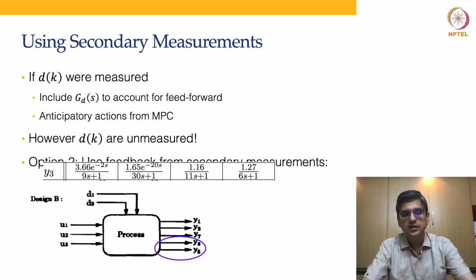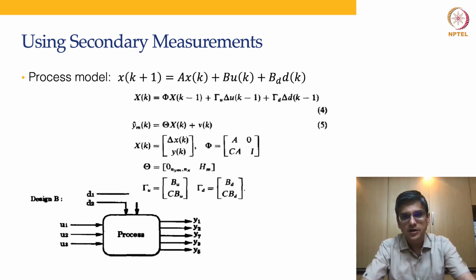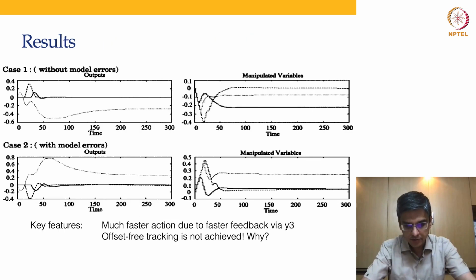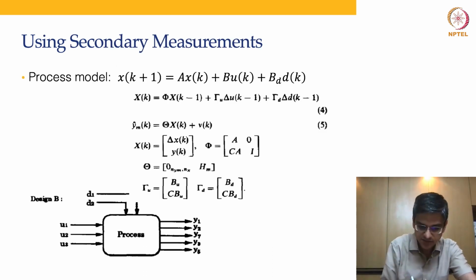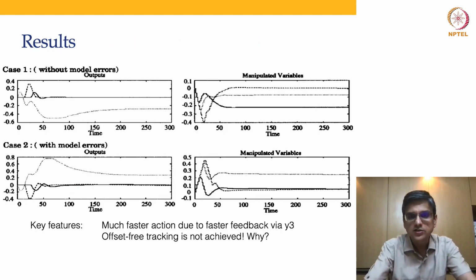Okay, so then the other question was, can you use secondary measurements in order to handle this situation? Yes, you can use the secondary measurements also, and it does improve the overall performance. Okay, but what they did over here was that in this particular case, because we had the disturbances that were known, therefore as you can see, the overall performance was much faster than it was as seen earlier.